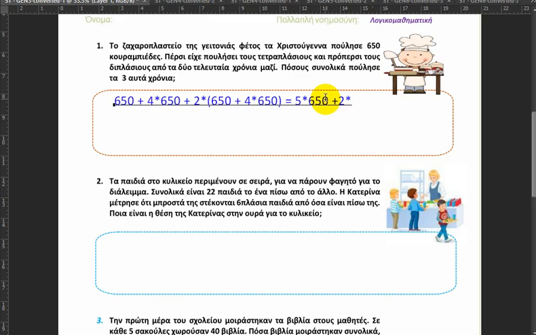So plus 2 times 5 times 650. Well, 5 times 650 is how much? 3,250. Plus 2 times 3,250.